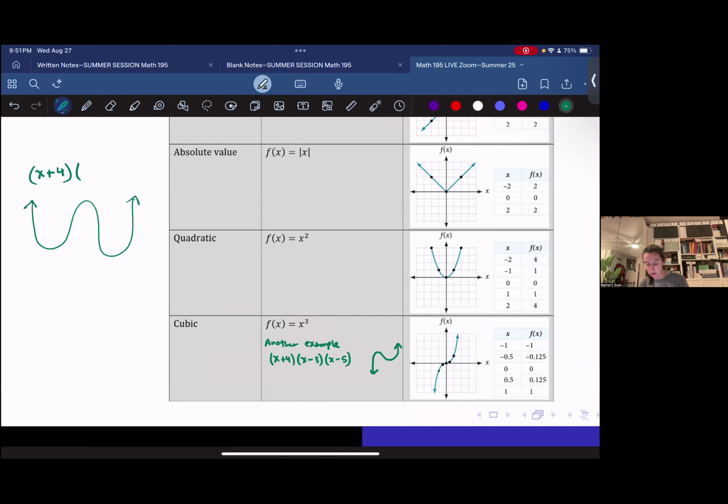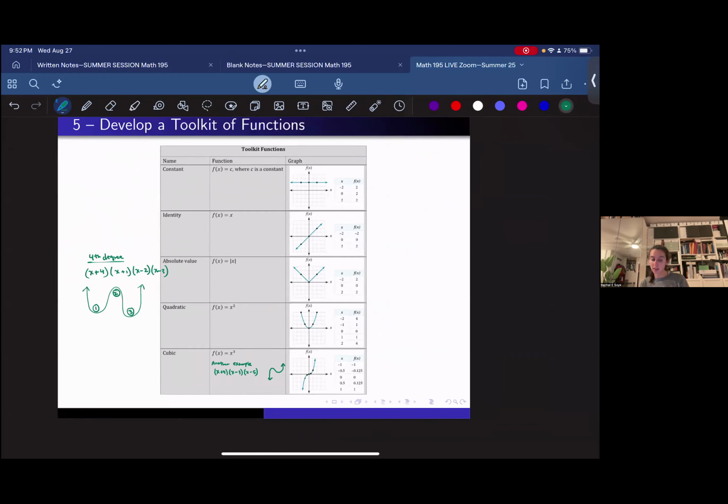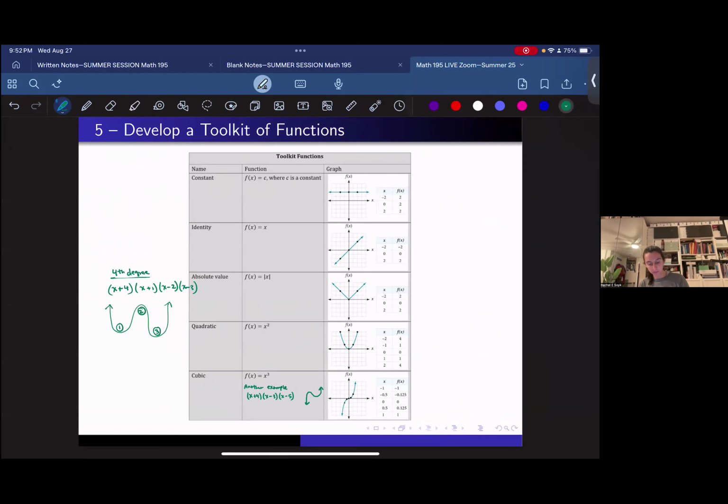Let's do x plus 4, x plus 1, x minus 2, x minus 3. So 4th degree, which means 4 minus 1 gives you 3 humps or bumps, and so on and so forth. A 7th degree polynomial will have 6 humps going. And we'll learn about end behaviors very soon.